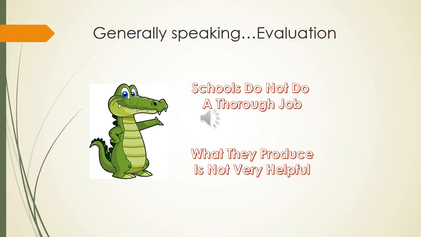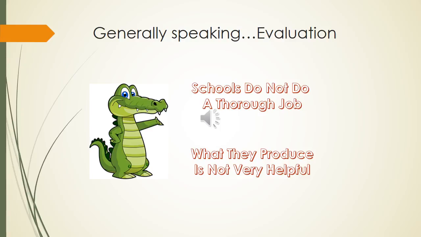Secondly, we find that when it comes to evaluations, what is produced is not always very helpful. It doesn't provide us a lot of information about what's actually going on, because I don't think that the data may necessarily be valid data, or it's not collected in a systematic way. So I can see why there's a lot of question about schools evaluating themselves and their programs.